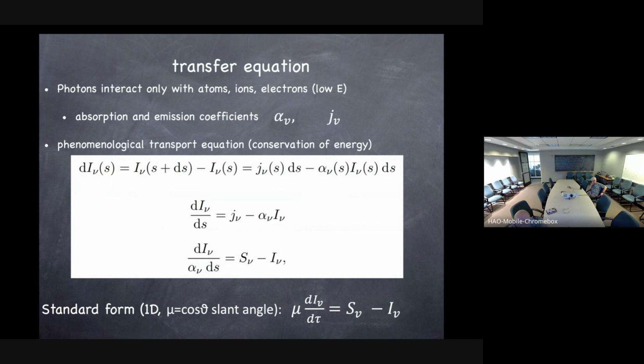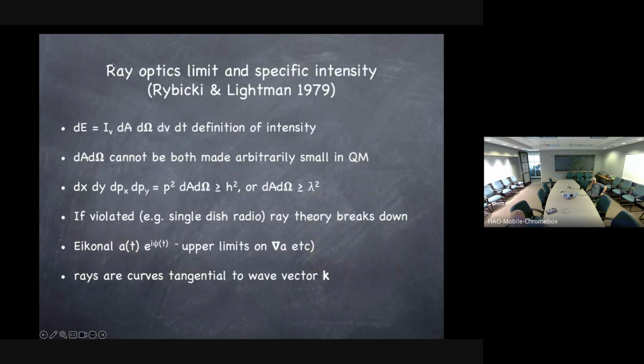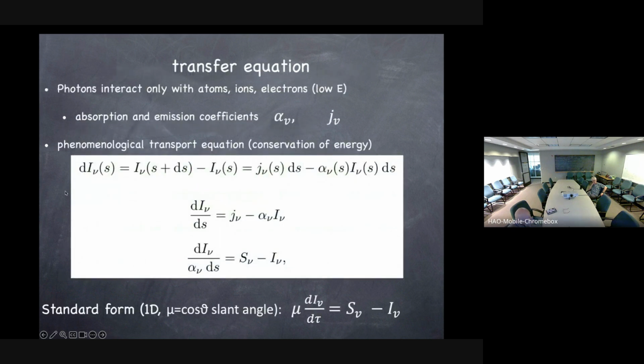So, by defining the specific intensity as we did up here, we can write down immediately along any direction S, along a straight line S, the change in the intensity, defined by this on the left, is equal just to a source term.